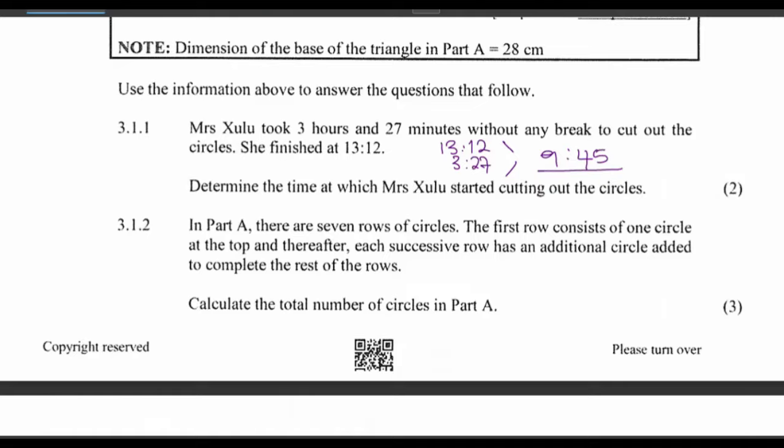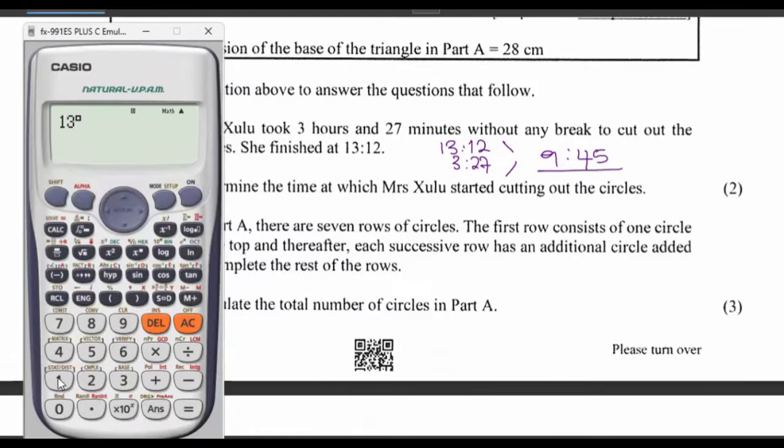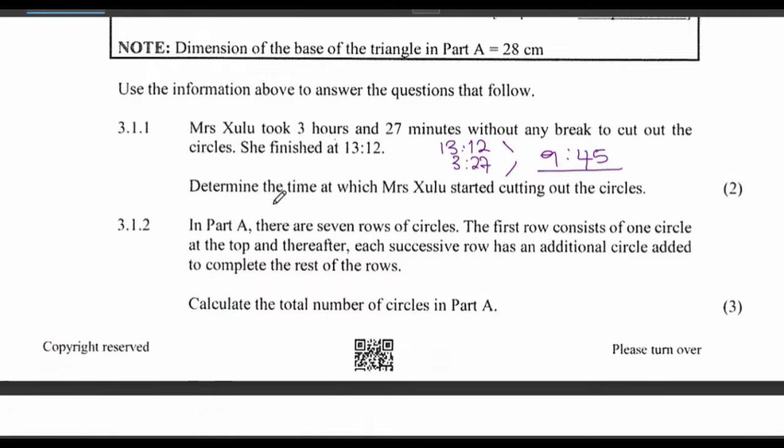This could be AM. For the person who doesn't know how we got it, we took 13, press that key, 12, press that key, minus 3 hours, press that key, 27 minutes, press that key and press equals 9 hours and 45 minutes.